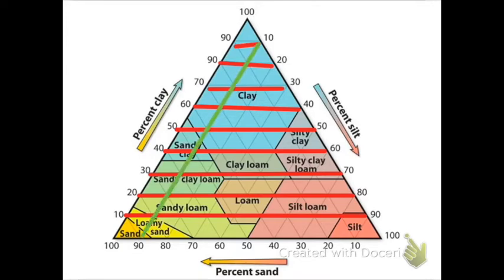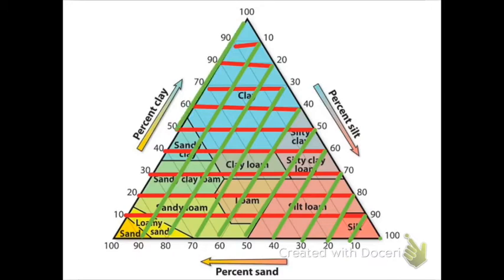This is 10% silt, 20, 30, 40, 50, and so on, all the way up to 100% silt. Once again, 0 would be the opposite axis all the way on the other side.